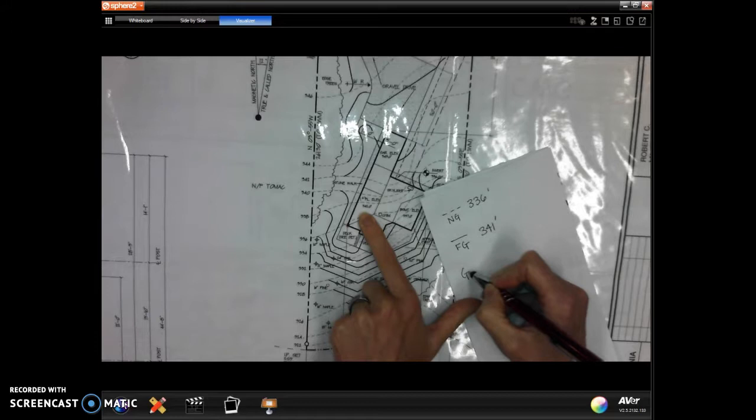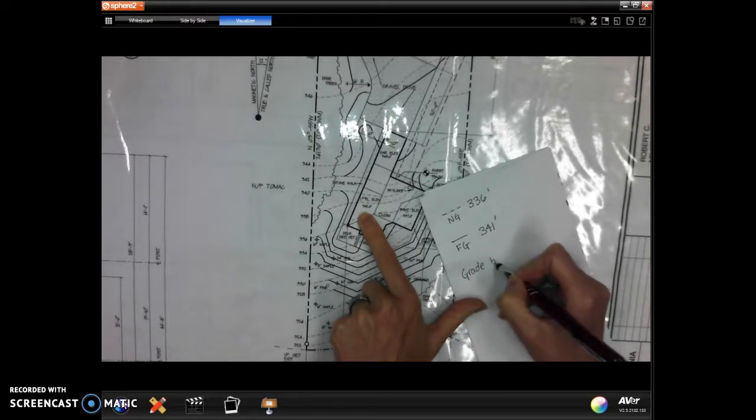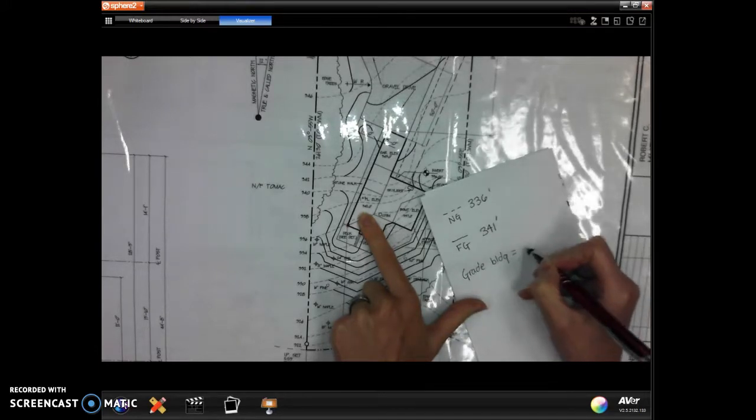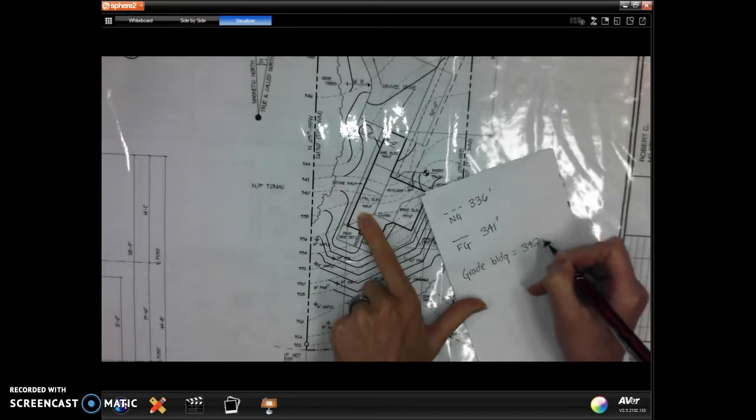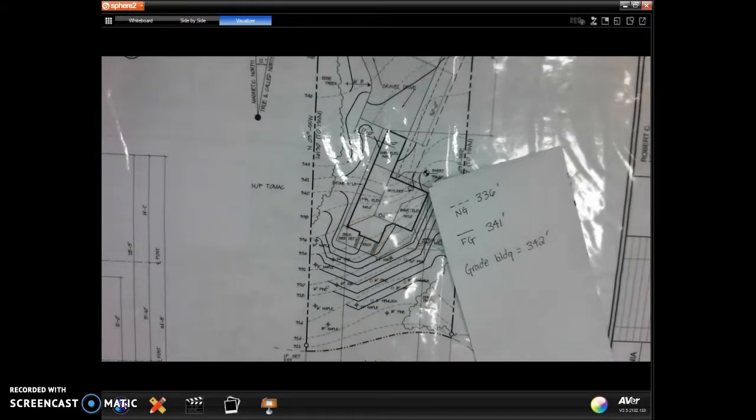So grade of the building is equal to 342 feet. And the finish floor is about a foot above the grade line.